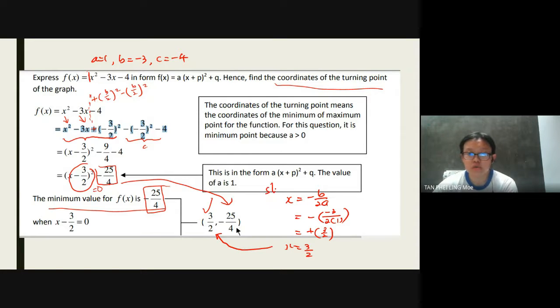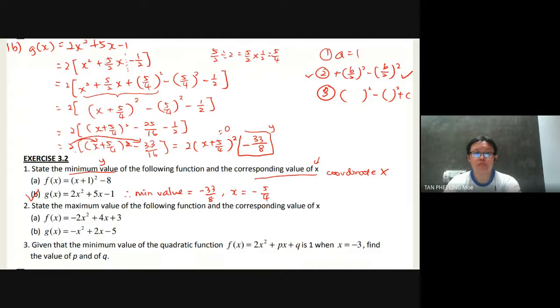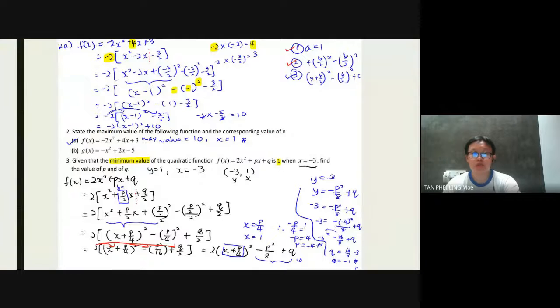So this is a shortcut. But remember that because the question is asking for this, you can never skip. They told you they want completing the square form. But what can save you is you can do a quick double check just to make sure that you have got it. Then the next one, we solve more examples, which you can review back.